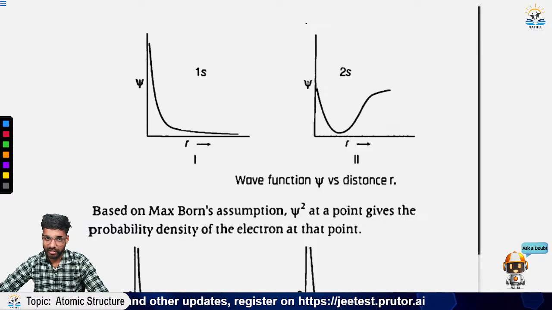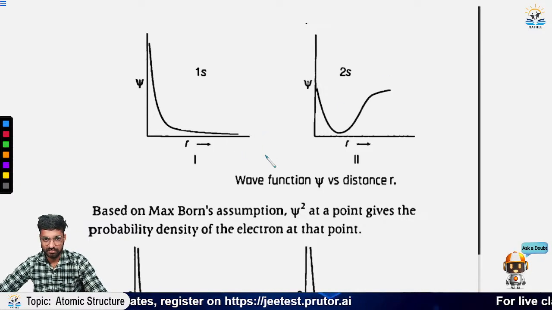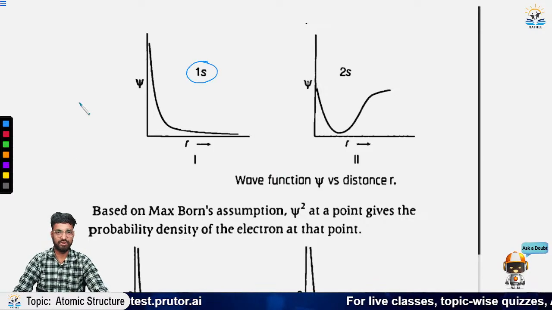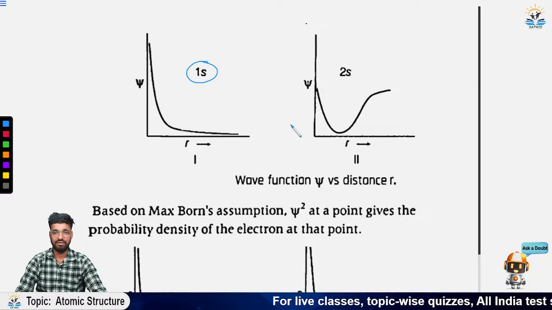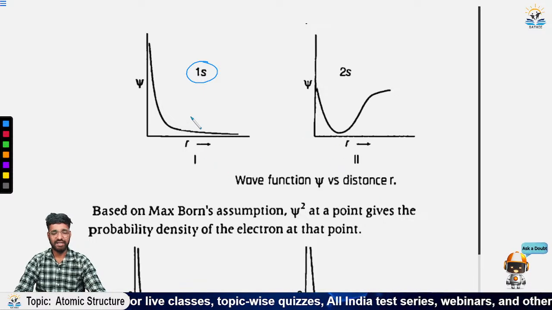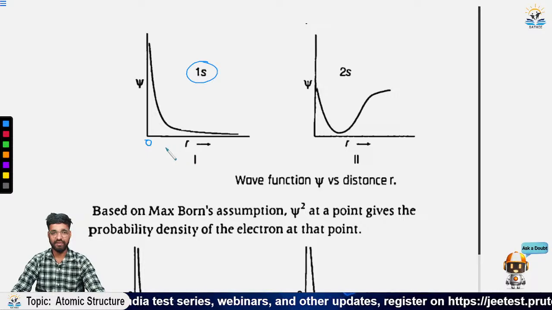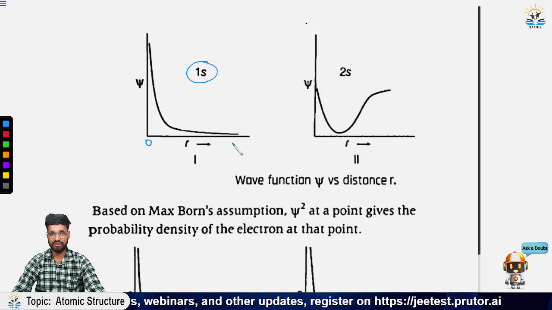You can see that two diagrams are possible here. This is the first diagram for 1s orbital, and this is the second diagram for 2s orbital. Suppose this is the nucleus, it is 0, and we are moving away from the nucleus.